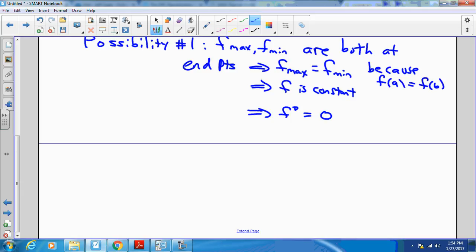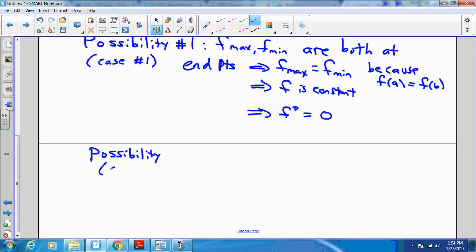So there are an infinite number of c's such that f prime of c is equal to 0. So in that case, then we have found not just one, but an infinite number of c's such that f prime of c is equal to 0. All right?